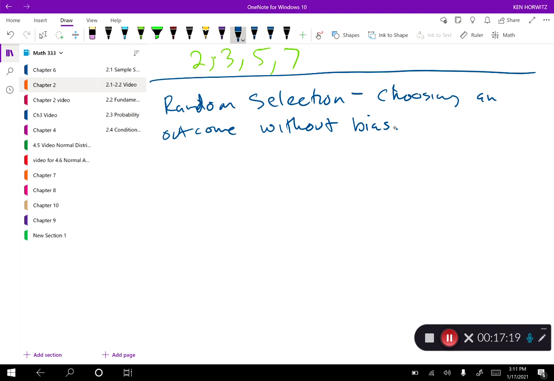I like without bias because it's very difficult to prove equally likely. Like I said, definitions differ, but they all come out to be kind of the same idea, that if you're choosing without bias, all possible outcomes are equally likely.